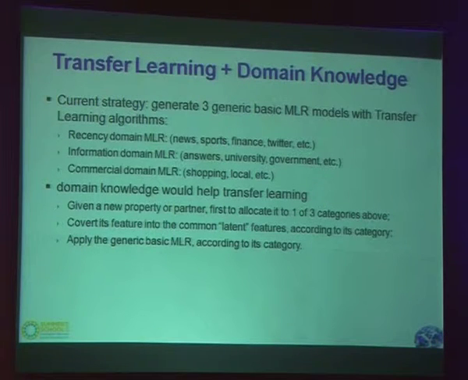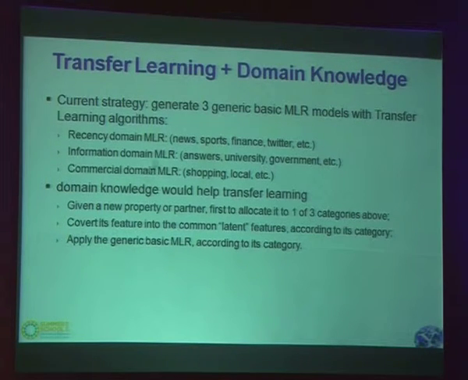And finally, we provide transfer learning knowledge with some domain knowledge. The basic idea is we still cannot provide one MR for all ranking problems. Not all vertical search problems are transferable, but we can group them into several big categories.